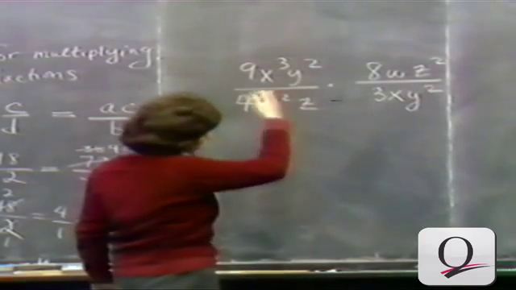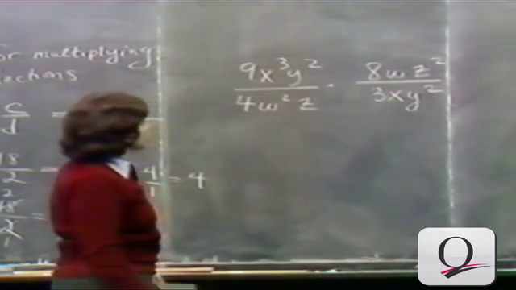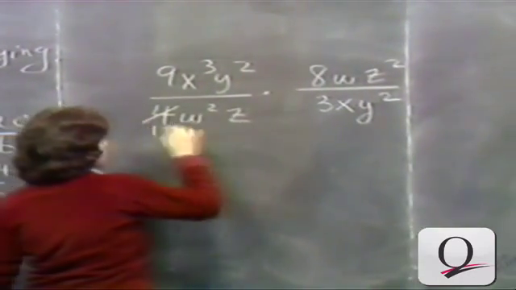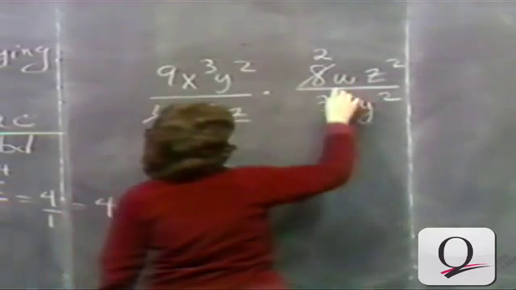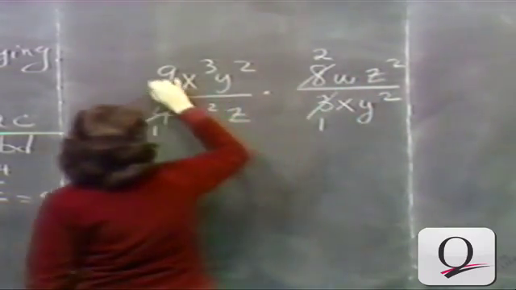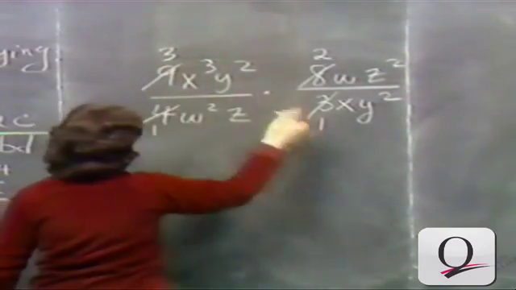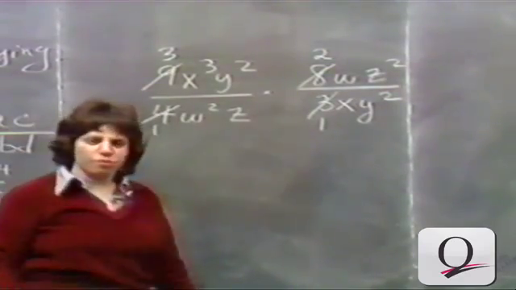Now we could multiply the tops and divide by the product of the bottoms, but it's a lot easier if we simplify things first. Well, let's see. 4 goes into 4 once, into 8 twice. 3 goes into 3 once, into 9 3 times. In other words, we divided numerator and denominator by 3. Remember, canceling out is a form of division.